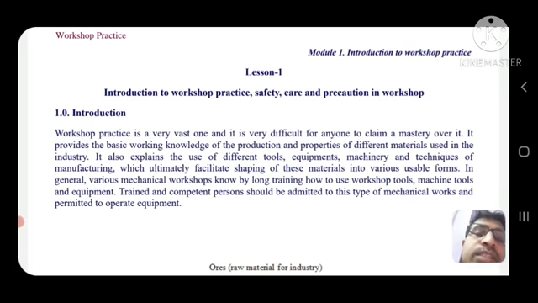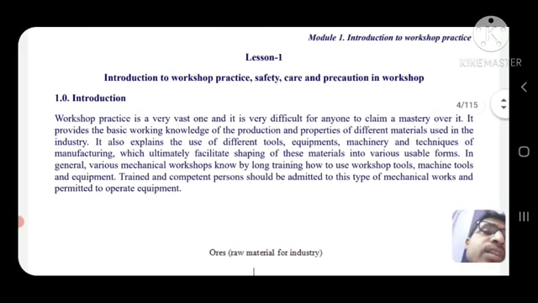Actually, workshop practice is a very vast one and it is very difficult for anyone to claim mastery over it. It provides the basic working knowledge of the production and properties of different materials used in the industry.